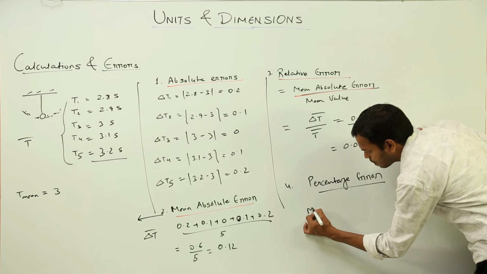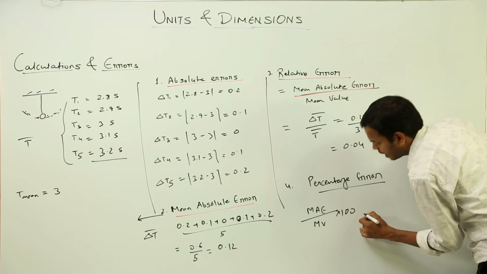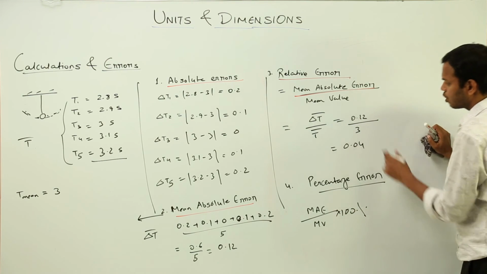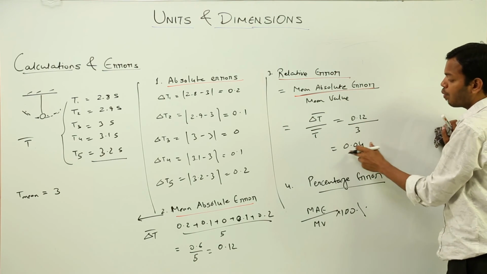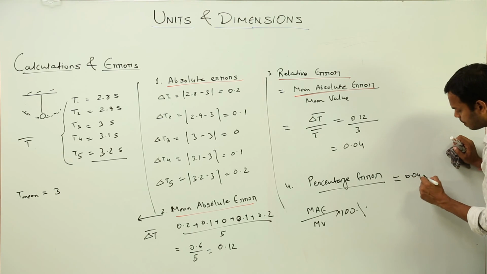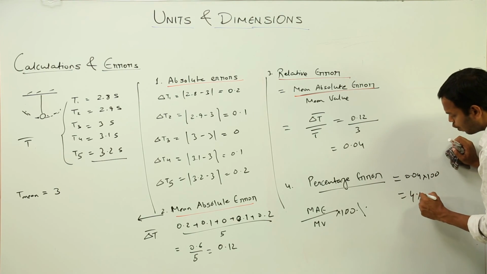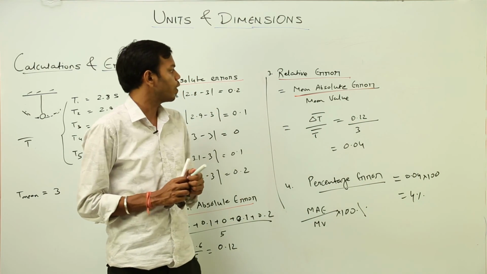So again it is mean absolute error divided by mean value times 100, in this much percentage. In this example, the relative error was 0.04. So 0.04 times 100 gives us 4. So 4% is the percentage error in the overall calculation.